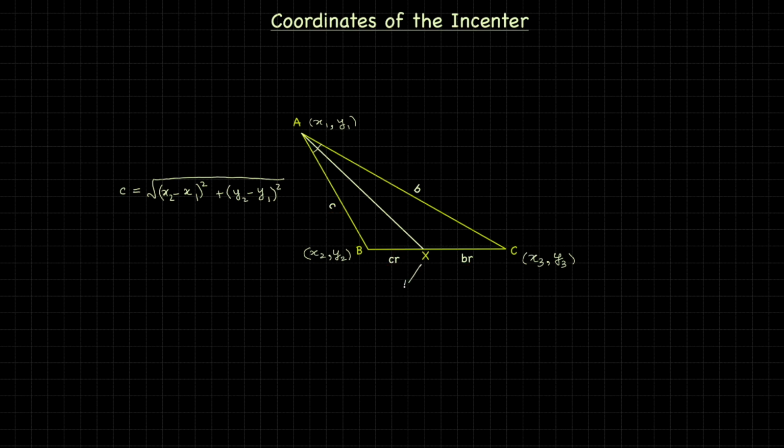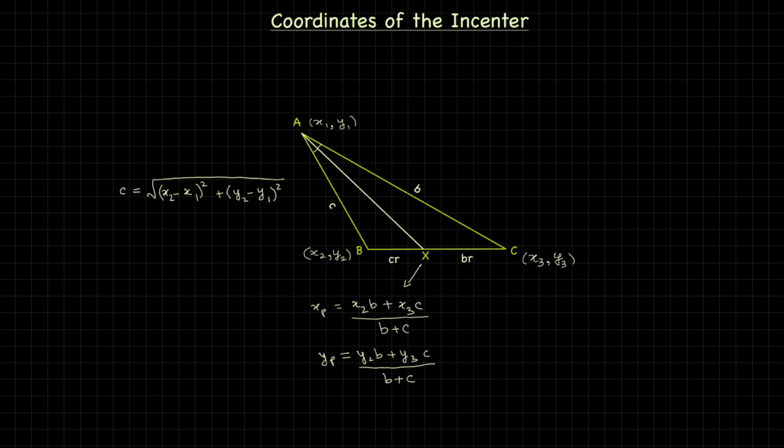So using the section formula to find the x coordinate of X, which I am calling xp, the formula for xp is x2 times b, the further component of the ratio, plus x3 times c, divided by b plus c. And the y coordinate yp has a similar form.